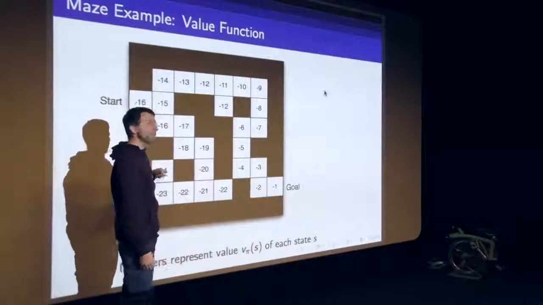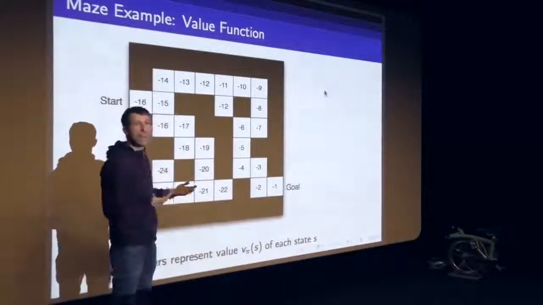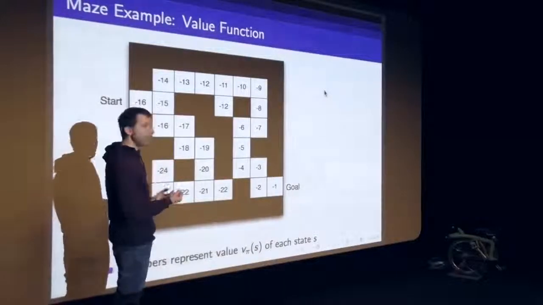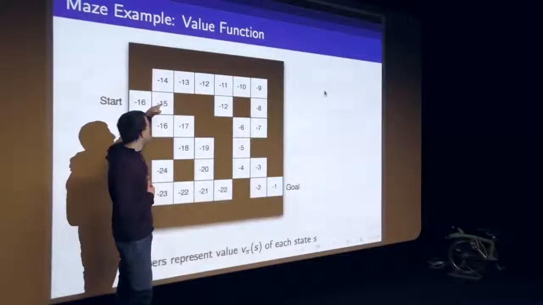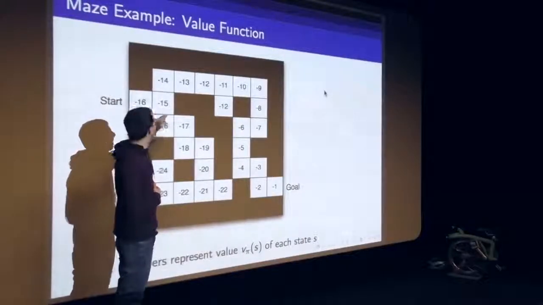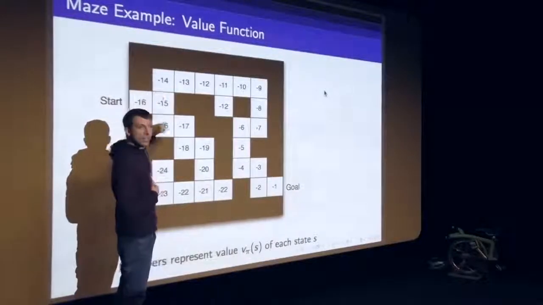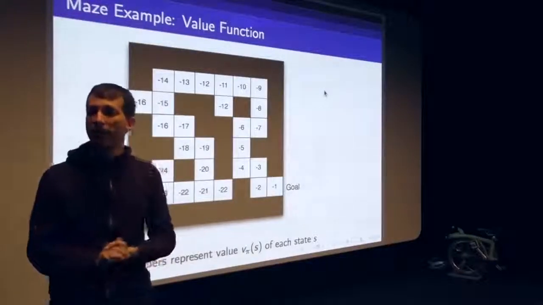We can have worse values. If we're stuck over here and we've gone the wrong way, we might have a value of -24. Now that we have these values, it's very easy to build an optimal policy because, for example, when we get here, we can just look up the value of going north compared to the value of going south, and it's very clear that the value of going north is greater than the value of going south. So this gives us a basis for optimal behavior.